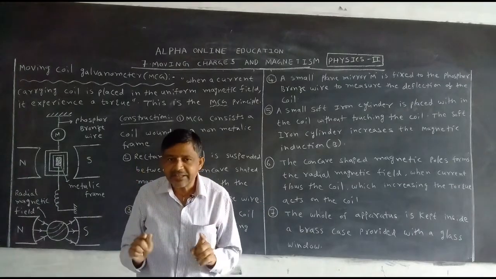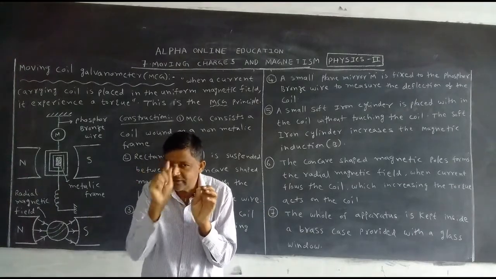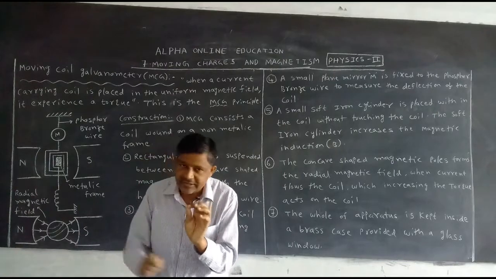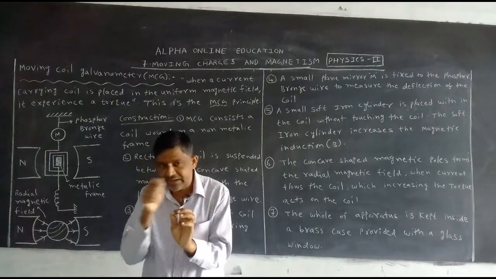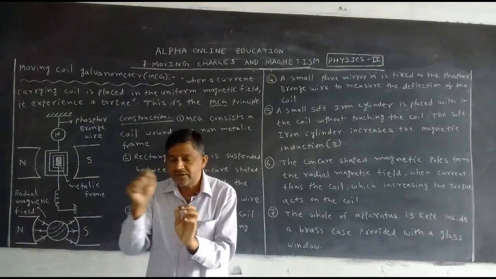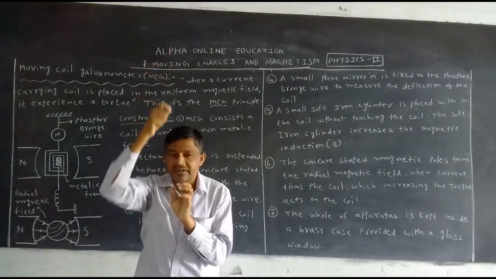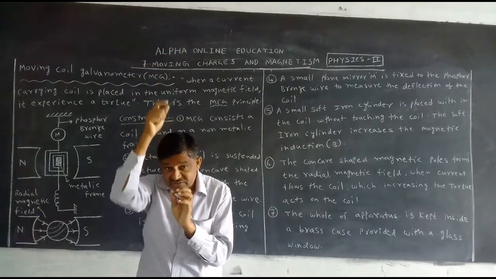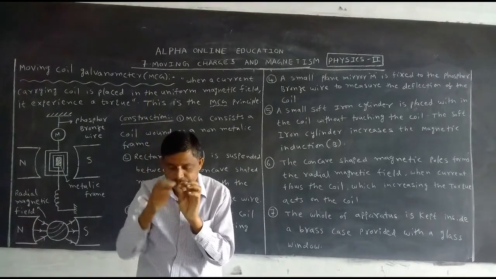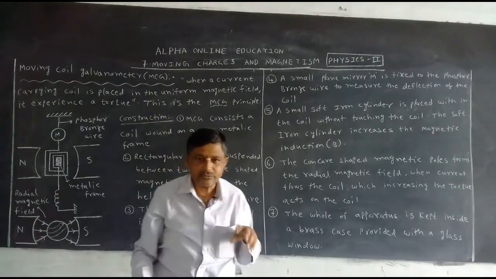In between them, we take one rectangular frame. On that, we wind or wrap the phosphor bronze wire. The first end is taken from a rigid support, and the second end is connected to the spring.